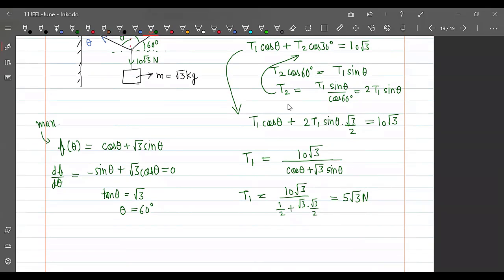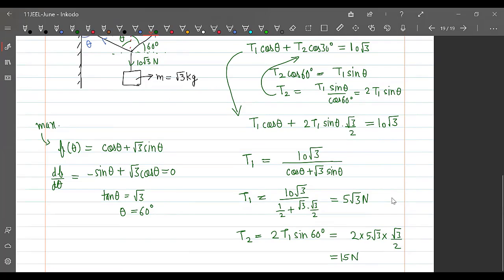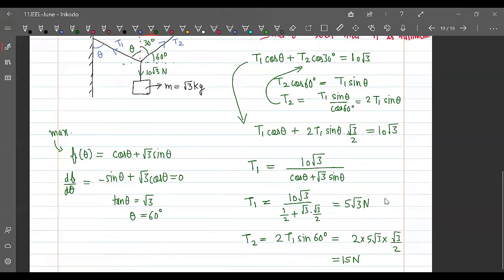So T2 find out कर सकते हैं इस relation से. I know T2 is equal to 2 T1 sin theta, that is sin 60. So 2 T1 sin 60 is √3 by 2. So that will be 15 Newton. Like this we can solve.